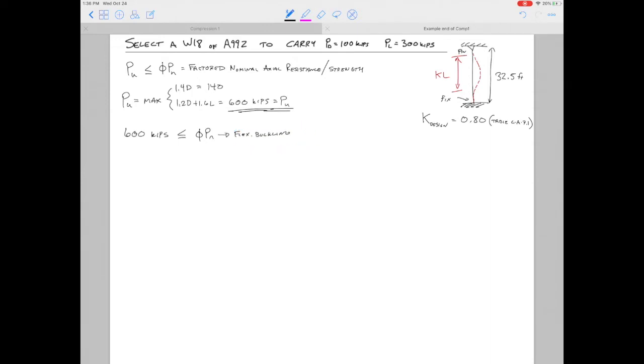I'll leave this one here. How about we put it here? And this will remind you of that discussion. Now I know it's 0.9 F critical A_g. Trouble is, both of these are dependent on the cross-section.